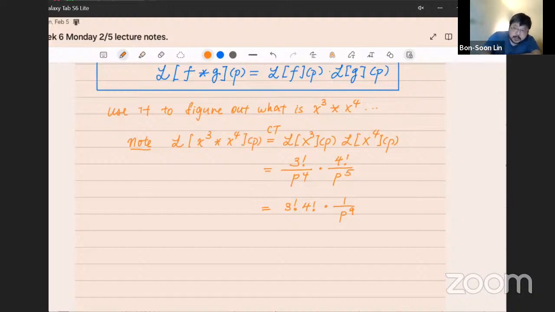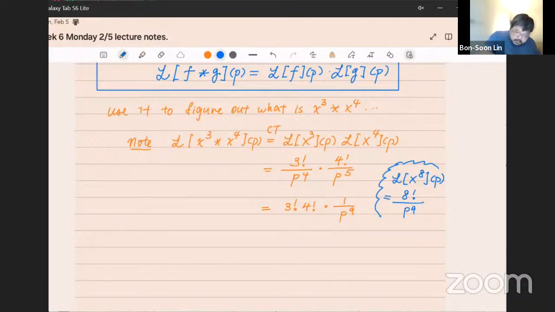This looks like the Laplace transform of another polynomial. Of what? Well, kind of. The Laplace transform of x to the what power might give something like this? X to the 8th. But we have to be careful with our factors. The Laplace transform of x to the 8th is 8 factorial over p to the 9th. So 1 over p to the 9th is really 1 over 8 factorial of x to the 8th.